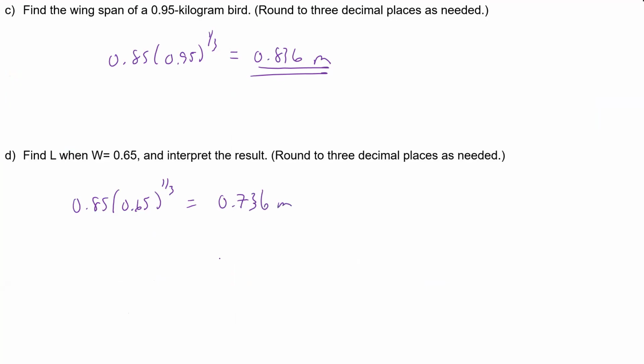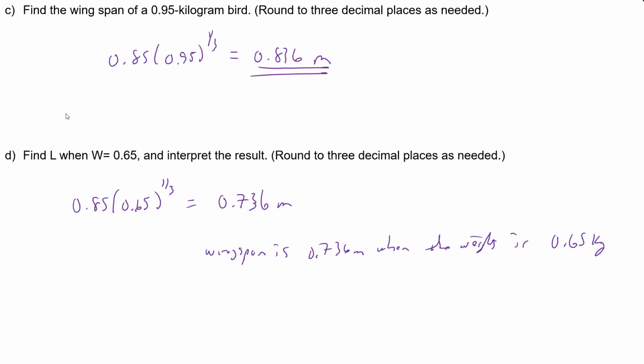All right, so interpret the result. The wingspan is 0.736 meters when the weight is 0.65 kilograms.